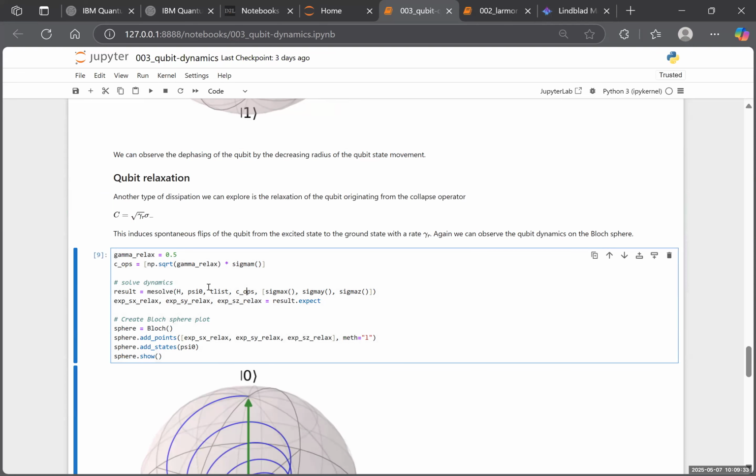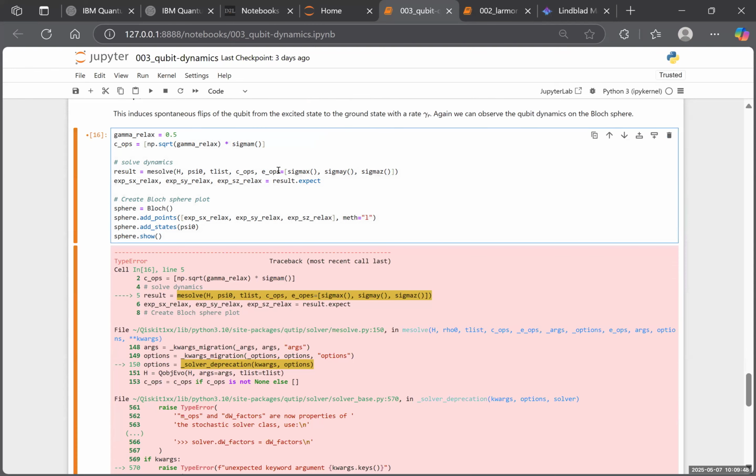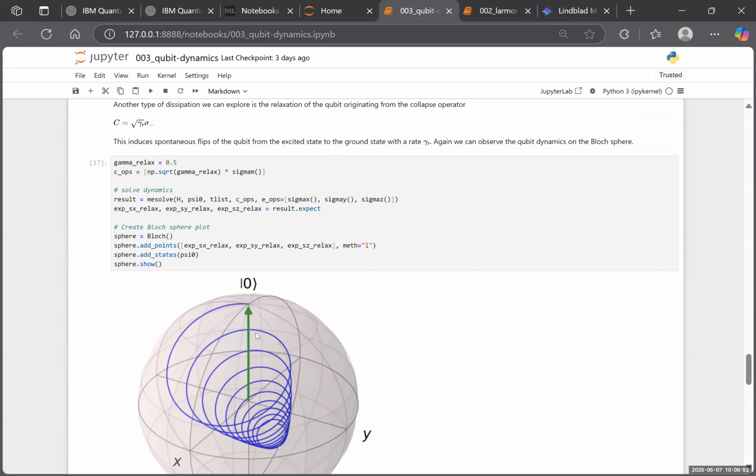Okay, the setup is the same, so let me not go through that line by line. These are the keywords. Okay, so you see there's a difference.